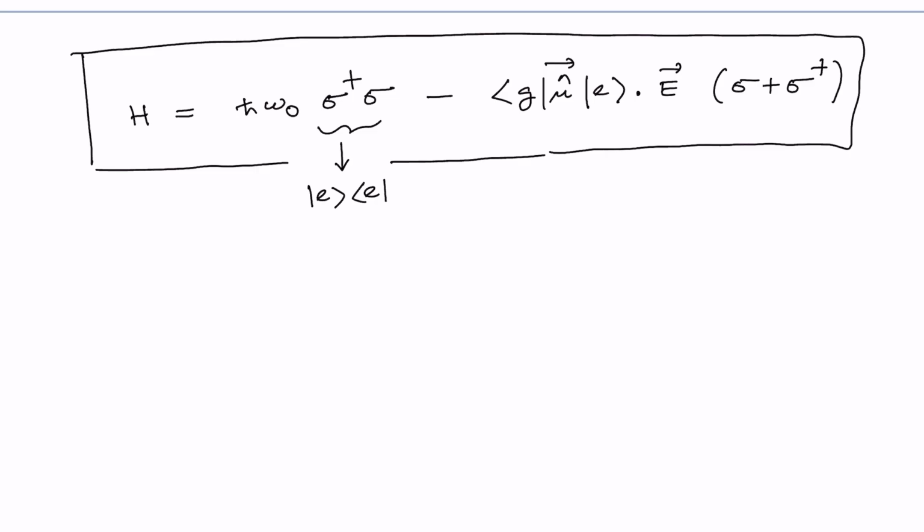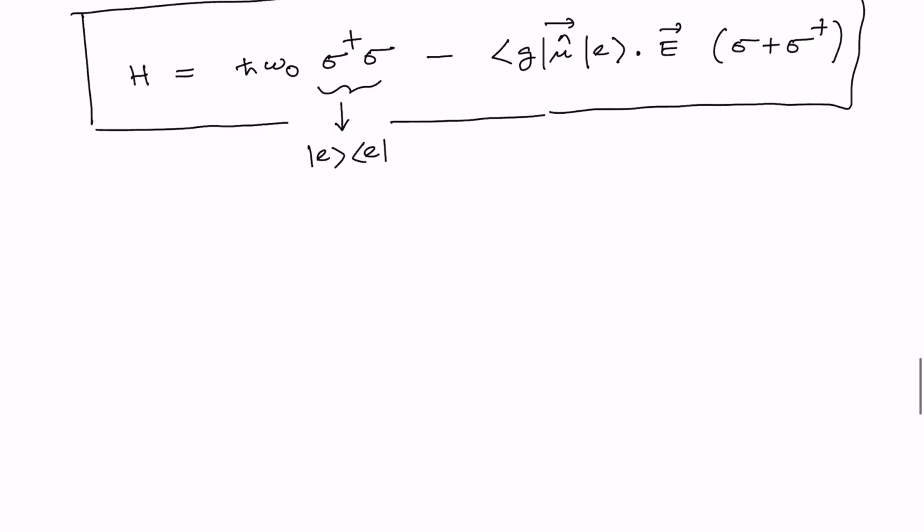Now, from elementary quantum mechanics, we know that the time evolution of a quantum mechanical operator is given by the so-called Heisenberg equation of motion.